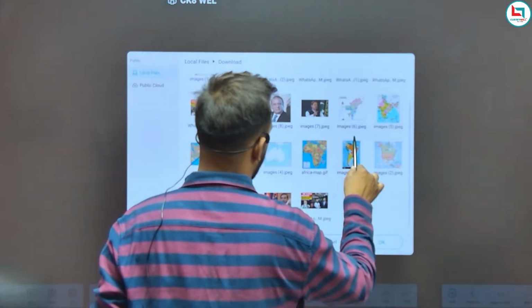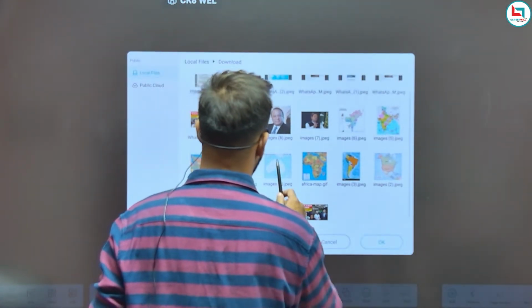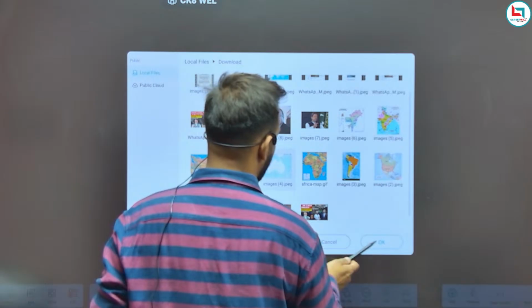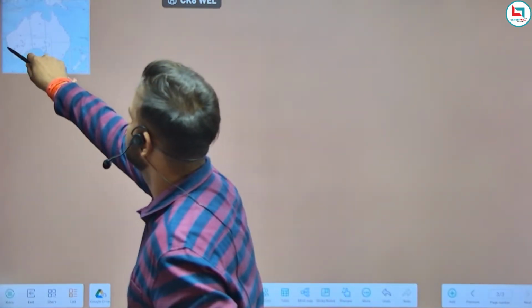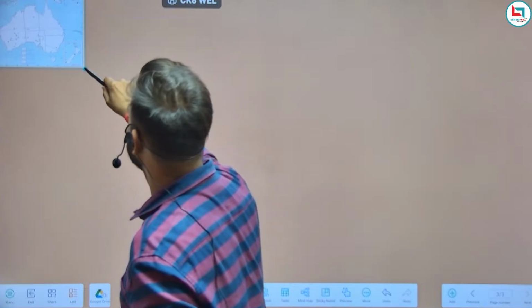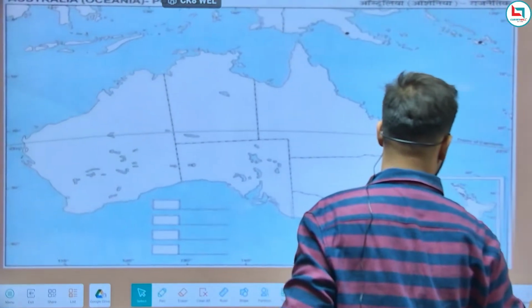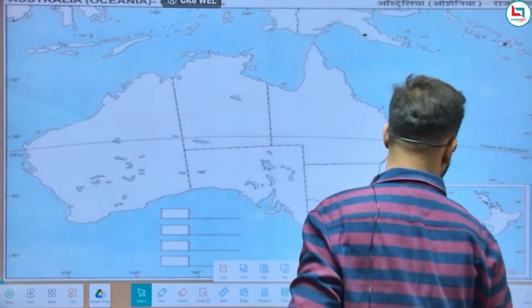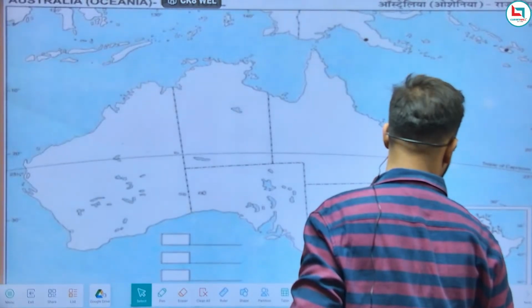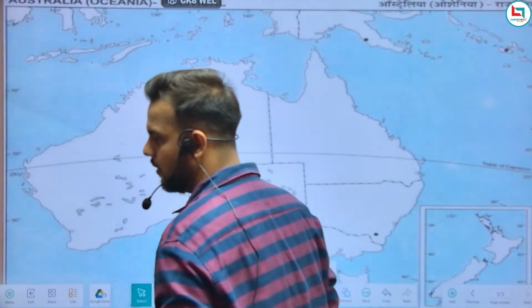Here we have the map of Australia. This is the map of Australia.